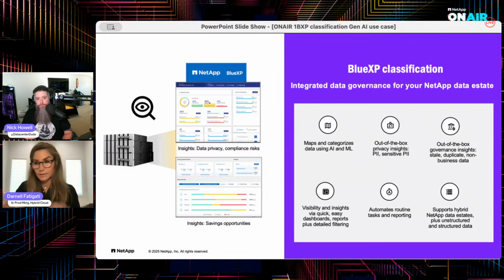They could just type in Nick Howell and it'll scan the configured data sources, and it'll tell me exactly how many references to you. And then I can click, all right, show me those files. And then in that investigation tab, it'll give me a list of all of the files.